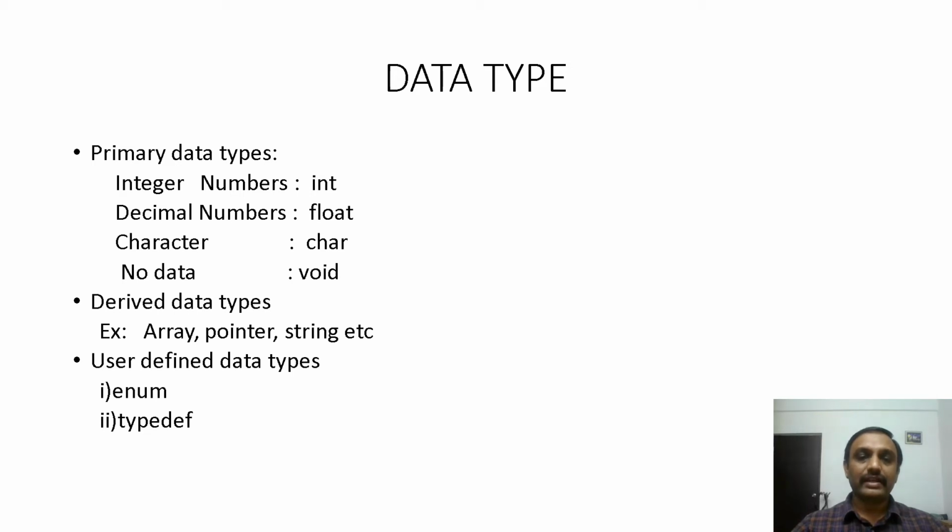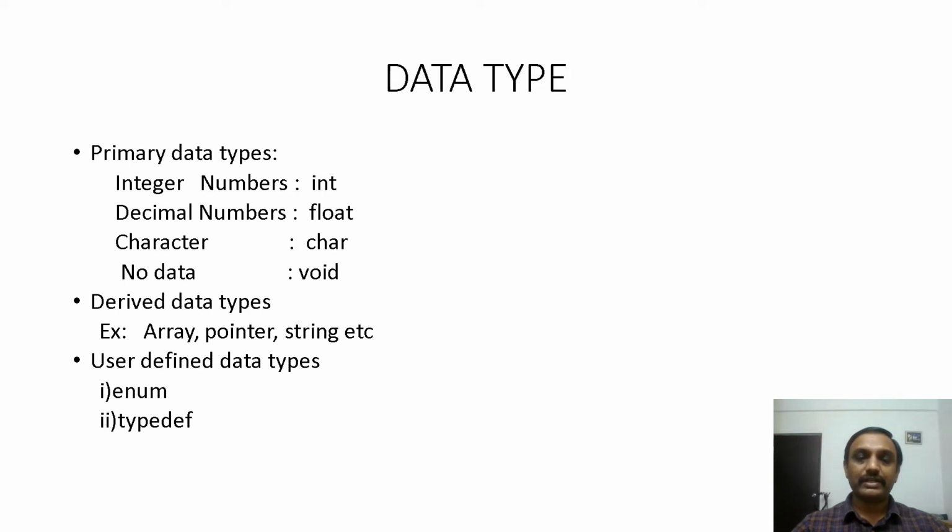Mainly these data types are divided into three types. First one is primary data types. Those are integer, decimals, character, and no data. Integer represents integer data.